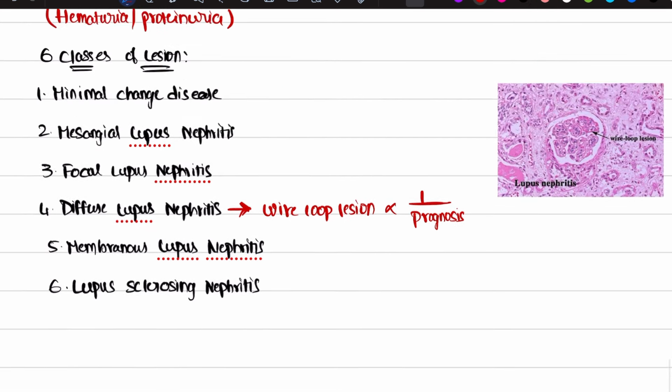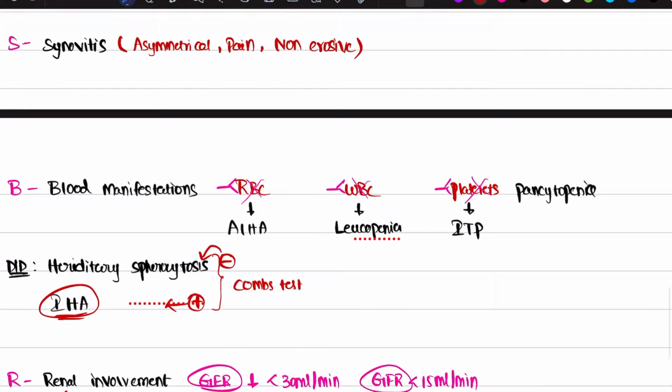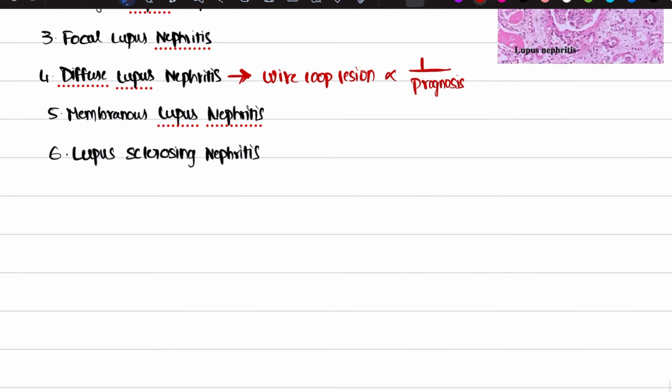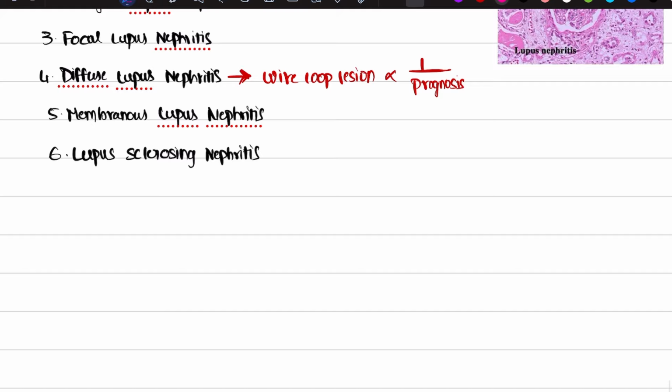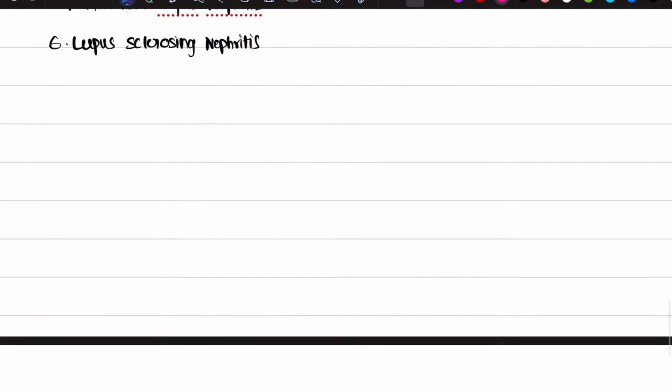And next, we have finished the R as well, and next we are going to A. A stands for ANA antibodies.